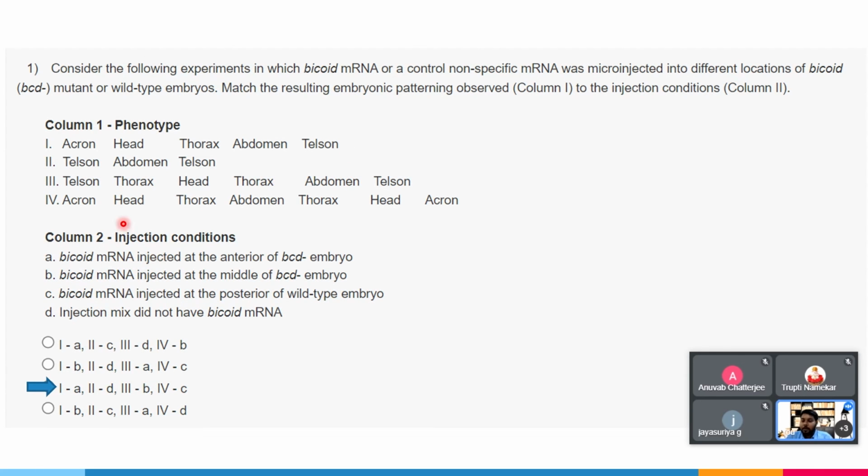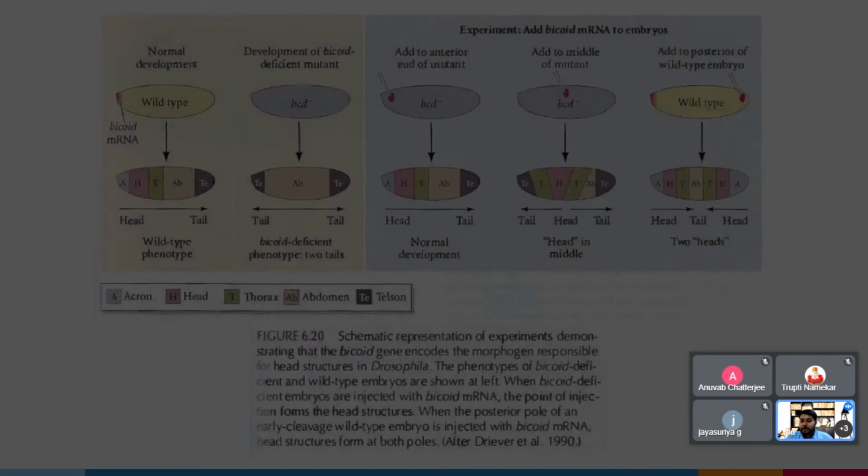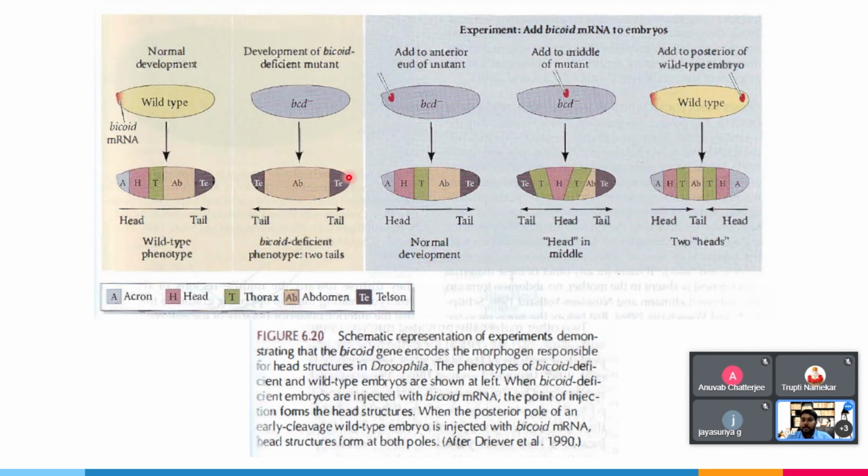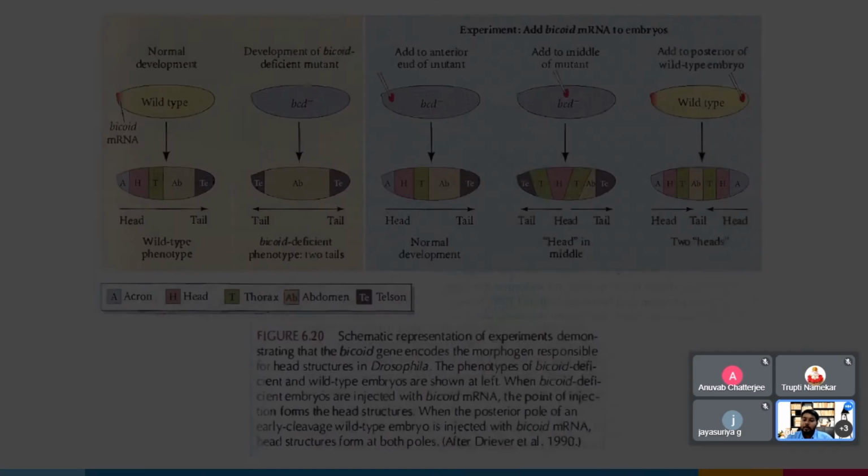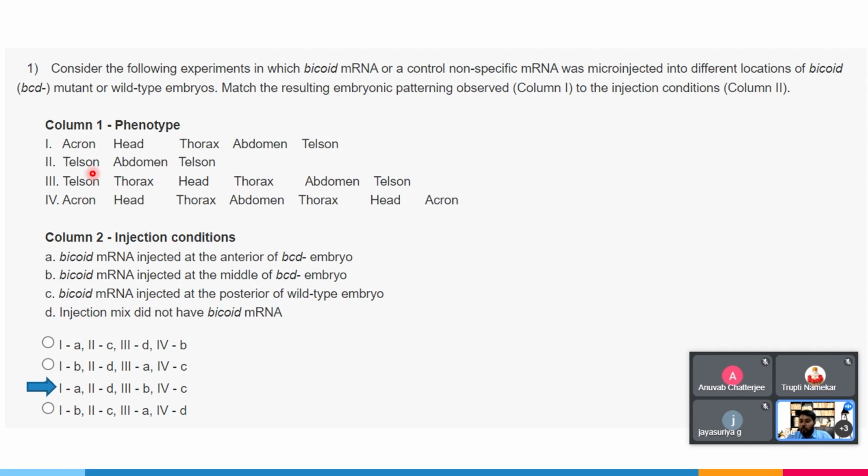Next we have telson, abdomen, and telson. So this is again the normal bicoid deficient mutant. So 2 can be directly D, with injection mix did not have any bicoid mRNA. Here they have not written which type of embryo they are injected in. It will be bicoid deficient embryo.